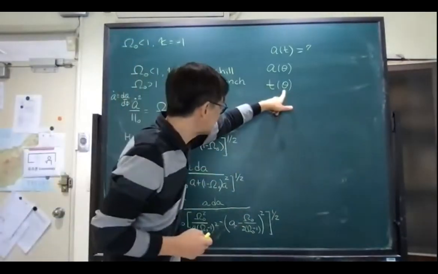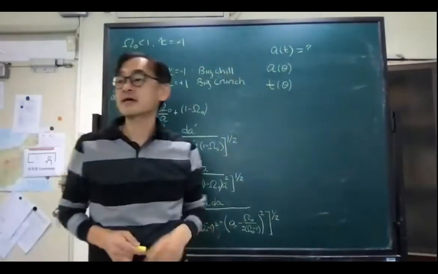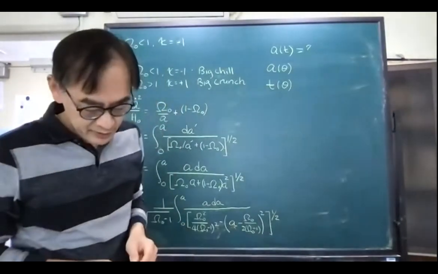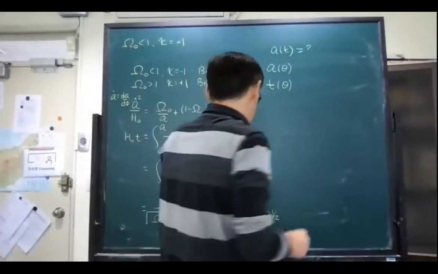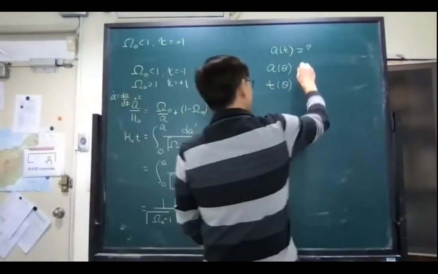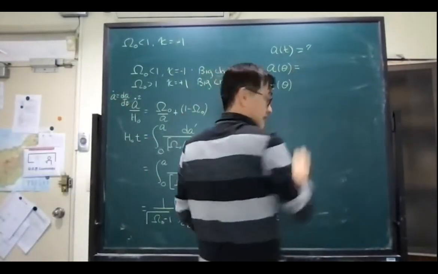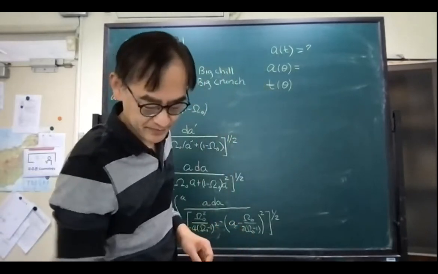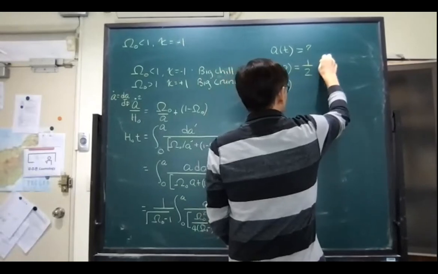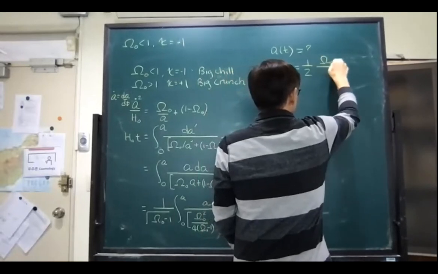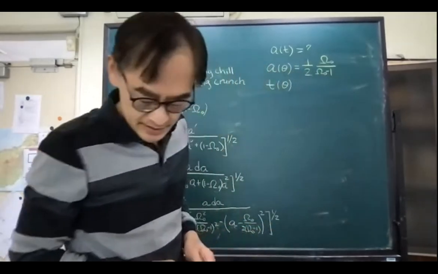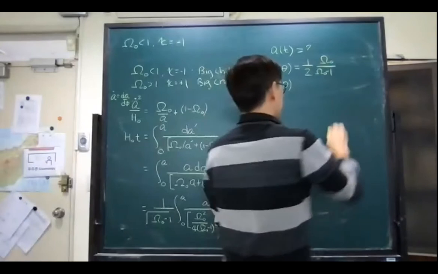Why do we use theta? Because as you can guess, it's related to sine and cosine, trigonometric functions. And it turns out, if you do this integral nicely, a is 1/2 times omega 0 over omega 0 minus 1, times 1 minus cosine theta.